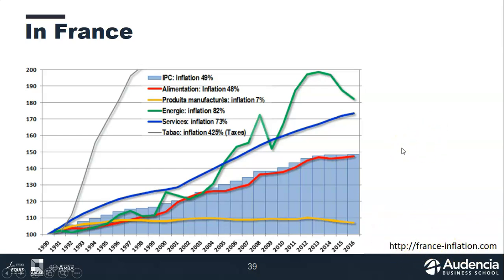You can look at these, and you can see the general price level is represented by the blue rectangles. Tobacco prices exploding. Obviously, this is a sin good, if you will, and so we try to discourage the consumption of tobacco.